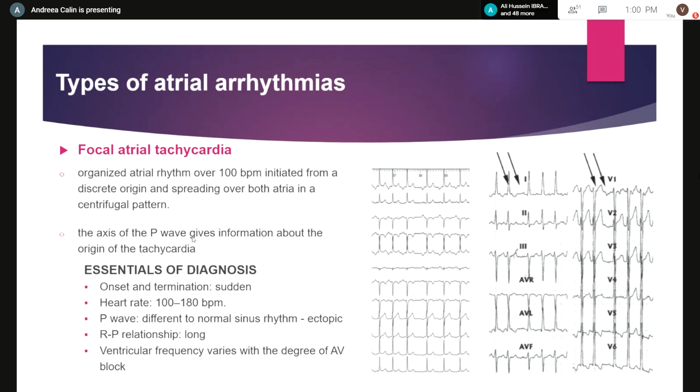And the P wave is different than that we found in normal sinus rhythm because it's an ectopic structure that generates the impulse. The RP interval is long, and the ventricular rate varies with a degree of AV block. So you can see these P waves here preceding the QRS complexes. It looks like sinus tachycardia, but these P waves are different than the ones that we see in a sinus rhythm.